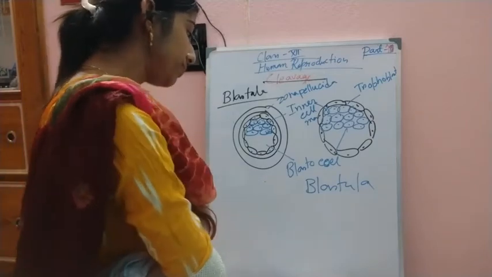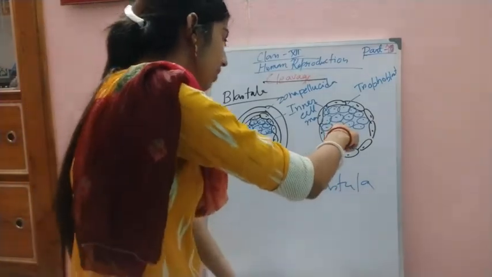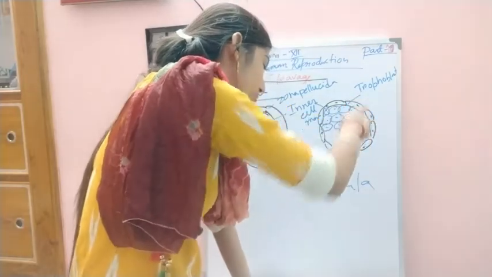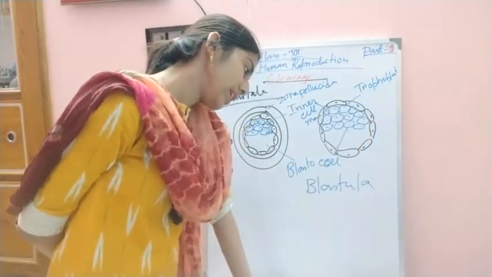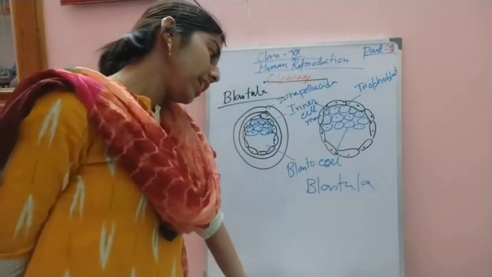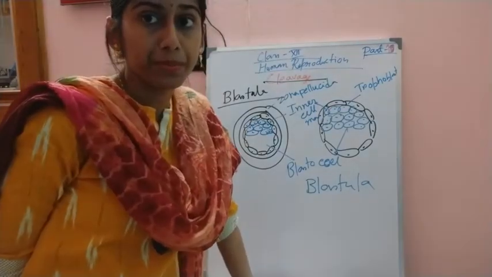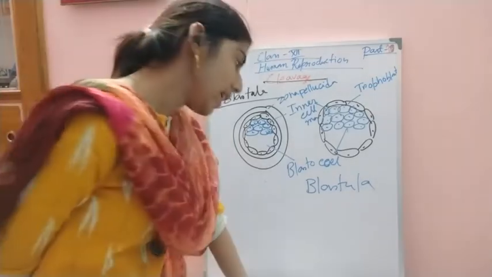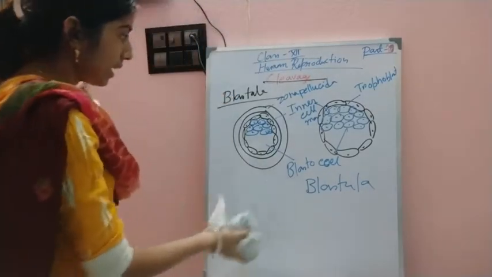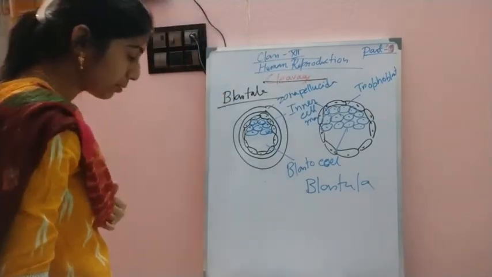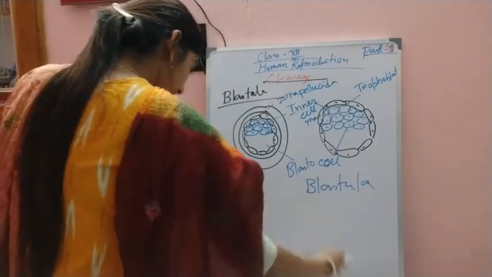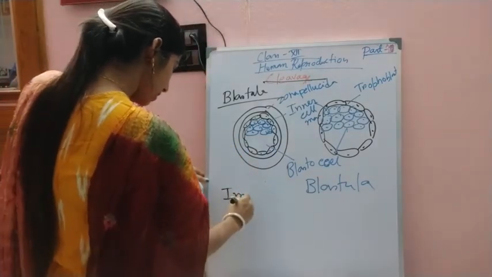Now after that what will happen? The trophoblast layer gets attached to the endometrium, and the inner cell mass gets differentiated into the embryo, and they will become embedded in the wall of the endometrium. This is called implantation.